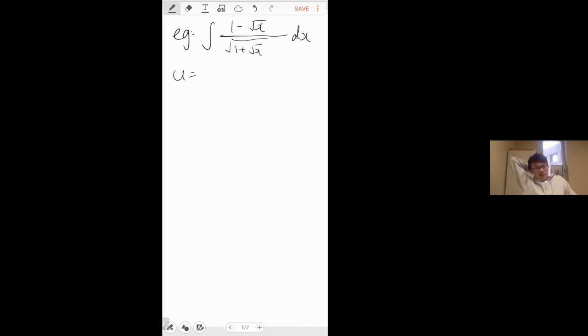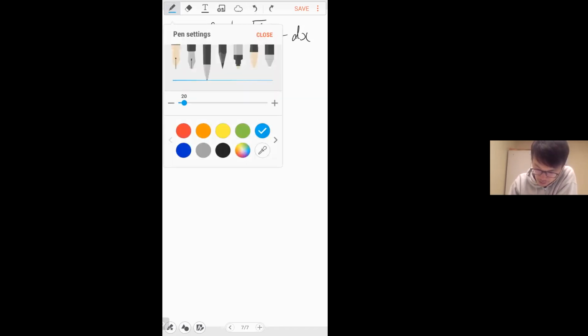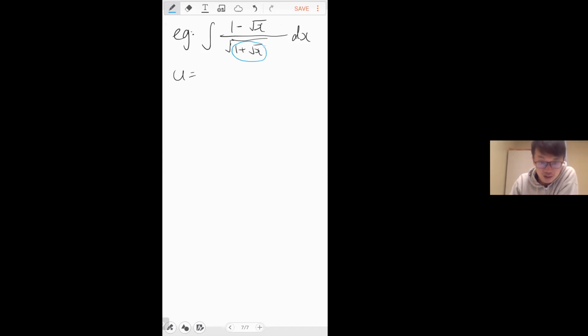Is that a square root of 1 plus the square root of x? Is that 2 square roots on the bottom? Yep. So that's square root of 1 plus square root of x. And yes, you can pick this to be your u function.